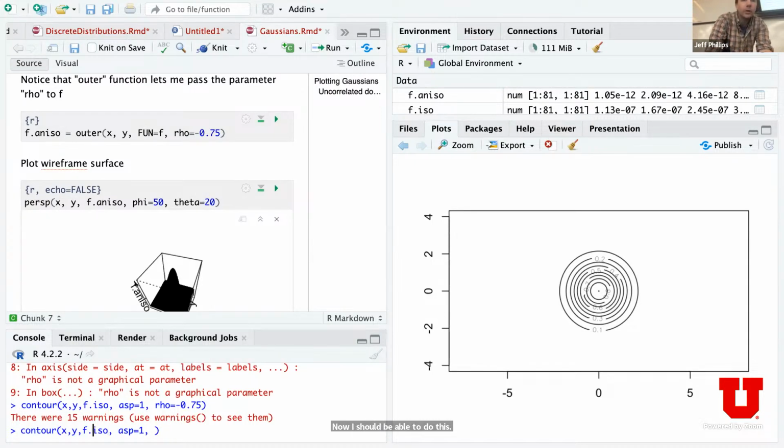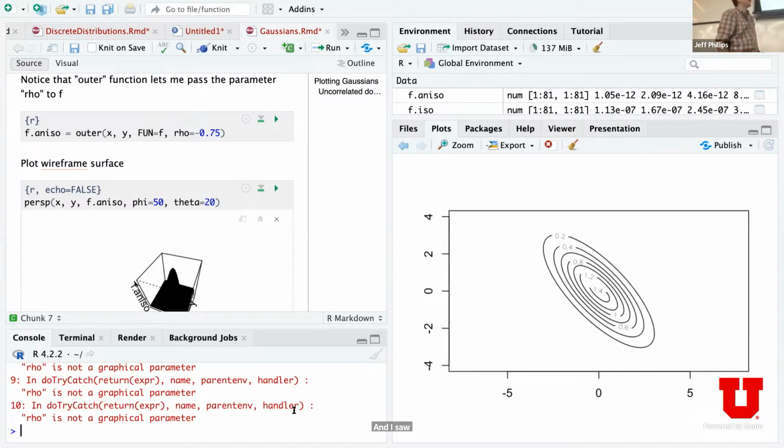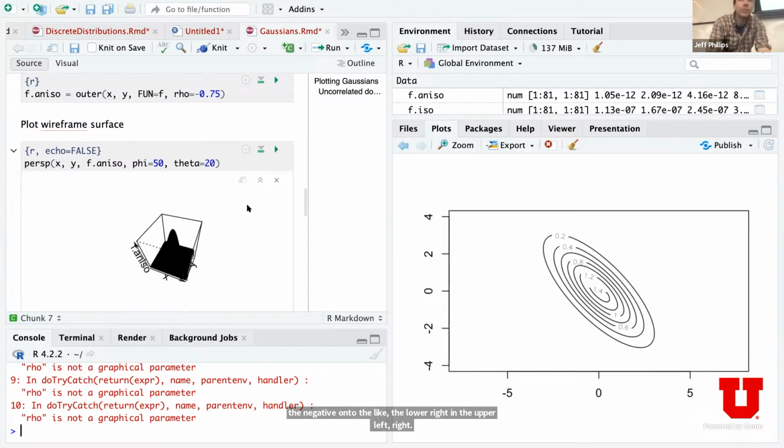And iso. Okay, great. So now when I change the correlation to negative 0.75, I'm stretching it into the lower right and the upper left quadrants, right? Okay. You can also, there's this other plot.